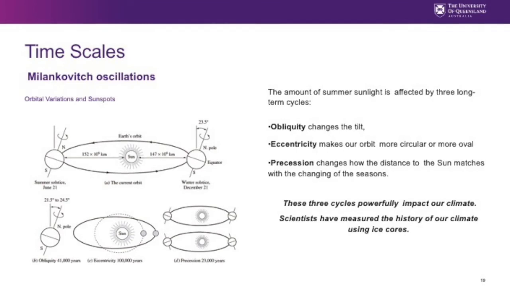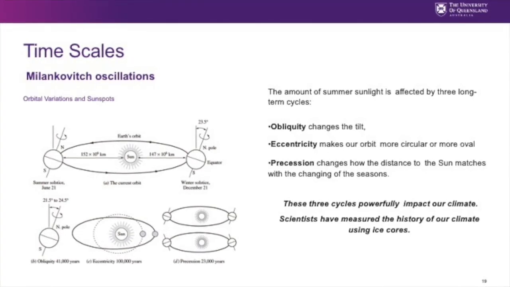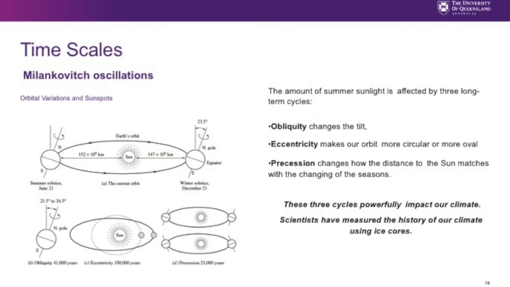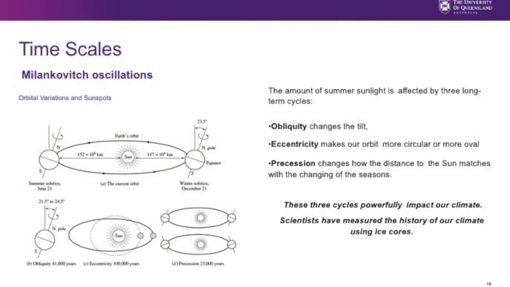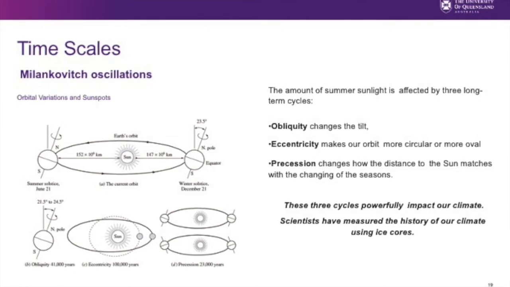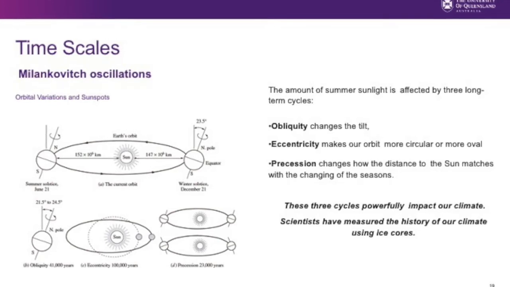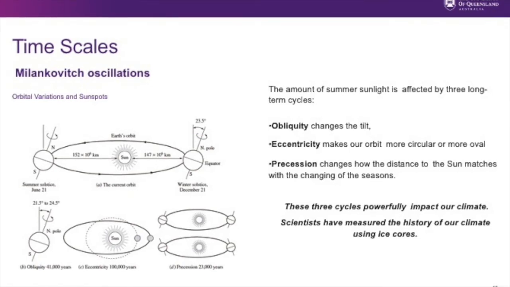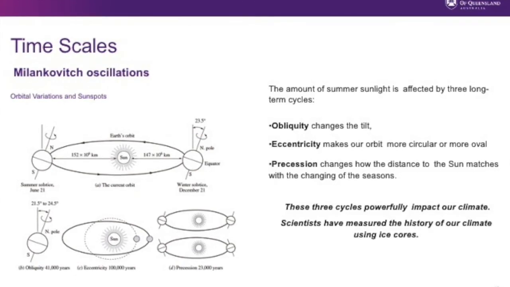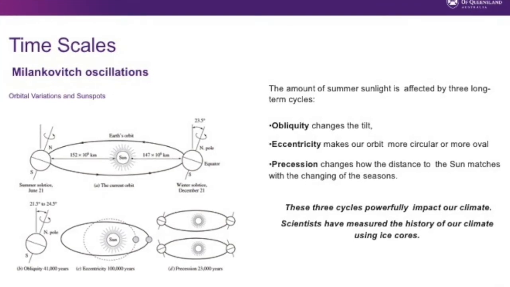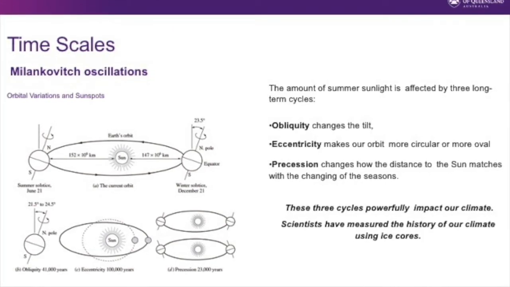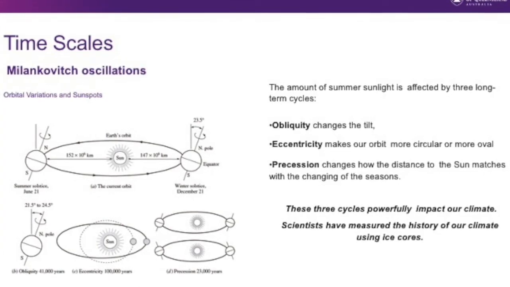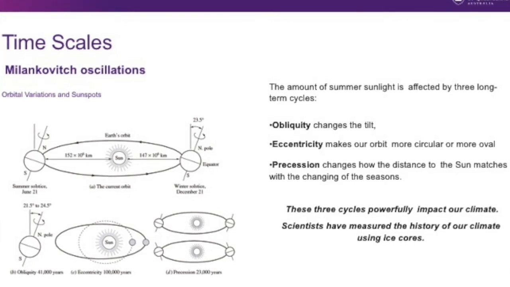And then the Earth's tilt angle with respect to its orbit fluctuates from 20.5 degrees to 24.5 degrees with a period of 41,000 years, and this is called obliquity. Currently the Earth's tilt is 23.5 degrees. Finally, we have the orbital cycle called precession, with a period of 23,000 years, and this is a movement that occurs on the Earth's spin axis.